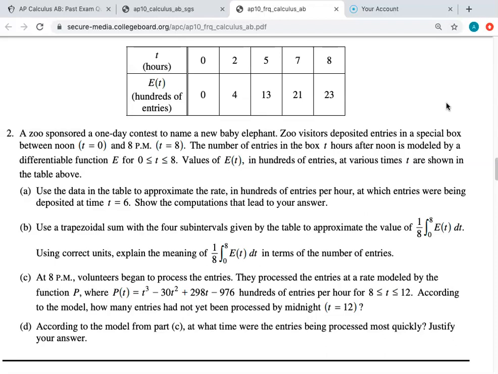Does the trapezoidal approximation approximate this whole thing, the 1/8 times the integral from 0 to 8? No. What does it approximate? Just the integral. So whatever you find for your trapezoidal approximation, you're going to have to multiply by 1/8 in order to get what they're asking for. You do not have to do the part where you explain the meaning because you haven't learned what this means yet. This is something we will learn in the next unit, when you take an integral and divide by this number.